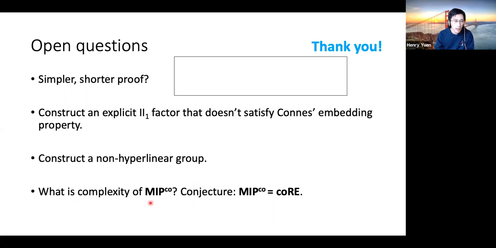Finally, this is more of a complexity theory question: what is the complexity of approximating the commuting operator value of a non-local game? We showed that the tensor product value of a non-local game is as hard as solving the halting problem. The commuting operator value of the game is also undecidable, but can you reduce the co-halting problem to that? That's an open question.